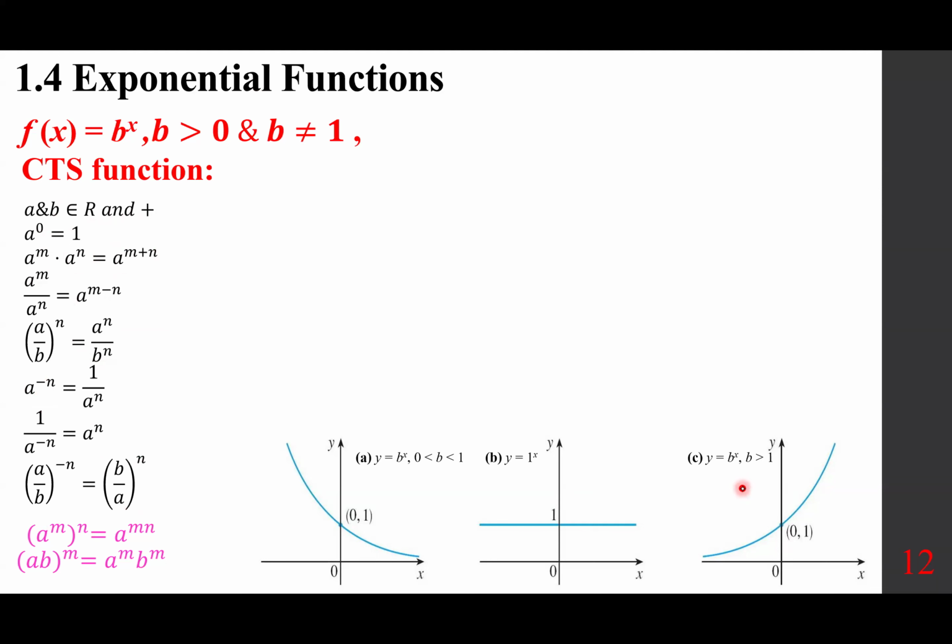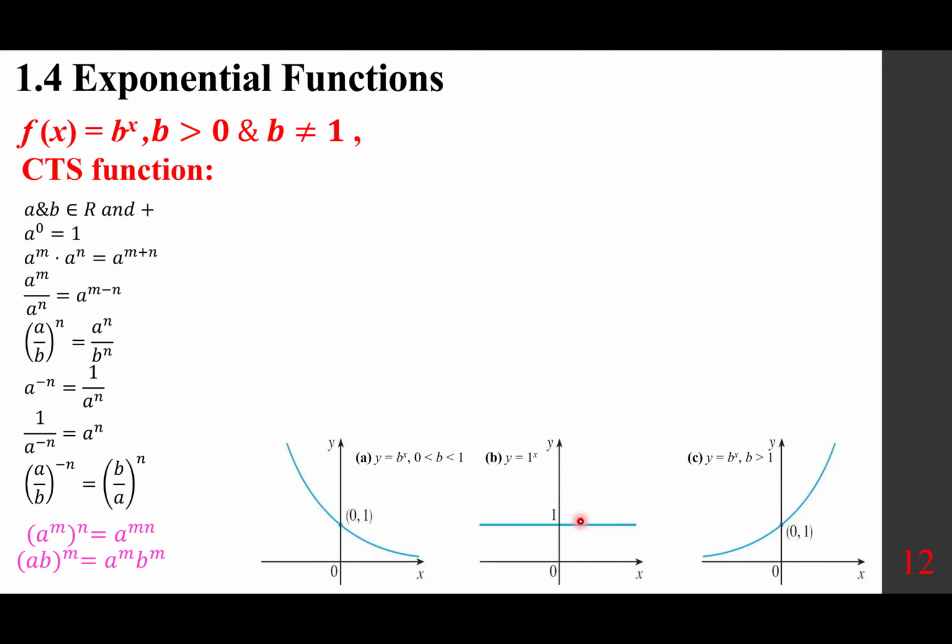Now, as far as the function is concerned, f of x is b to the power of x. b must be positive and b can't be 1 for it to be an exponential function. When b is larger than 1, it looks like this, which is an exponential growth. When b is between 0 and 1, it looks like this, which is an exponential decay. When b is 1, you don't have an exponential function. You have the horizontal line. So this is not an exponential function.